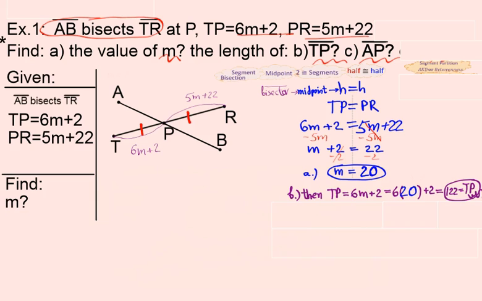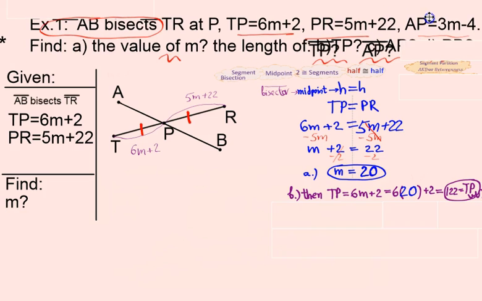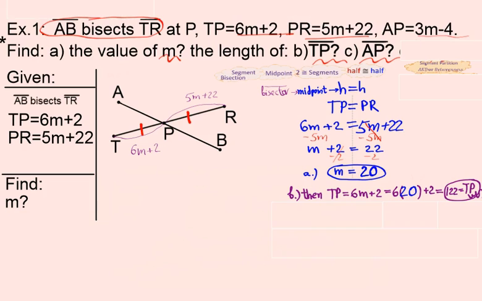How can this kind of question be more interesting than what we've just considered? Look at this possibility. What if in this question they actually gave you the length of AP? Let's take a look at this length.